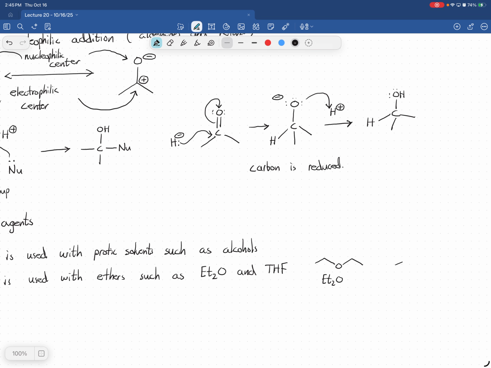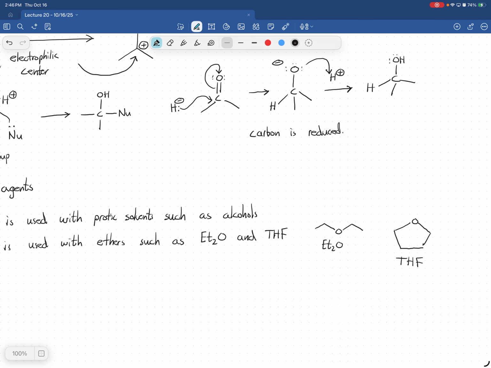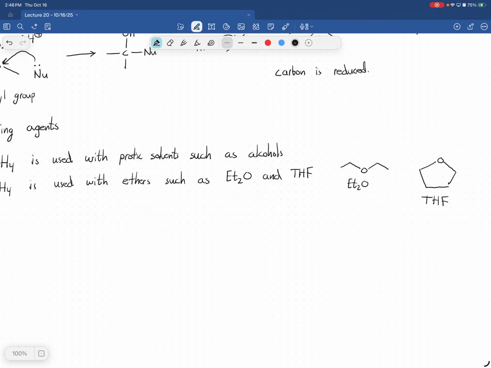And tetrahydrofuran is the cyclic form of this 4-carbon ether. So this is THF. Very common, very, very popular solvent. Tetrahydrofuran. This 5-membered ring there is called furan. It's commonly encountered in, not biology, but nature.